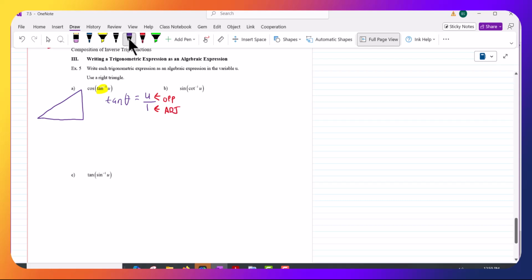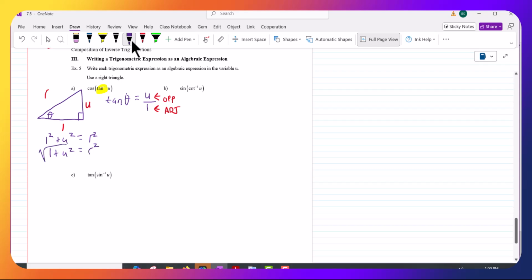So in my right triangle, I'm going to put theta there, and then I'm just going to write down what I have. The opposite is u, and the adjacent is 1, and then I would need to find what the hypotenuse is, which I'll just call r. So I'm going to do 1 squared plus u squared is equal to r squared. So that's 1 plus u squared equals r squared.